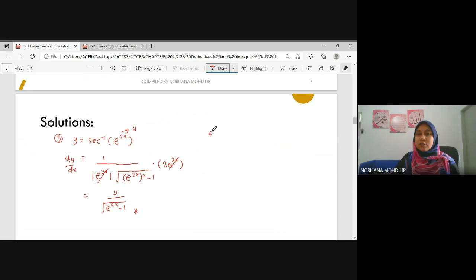And number 4, y equal to 1 over tangent inverse x kan. Yang ni awak boleh tukarkan kepada ni: 1 over tangent inverse x is equal to tangent inverse x to power of negative 1.